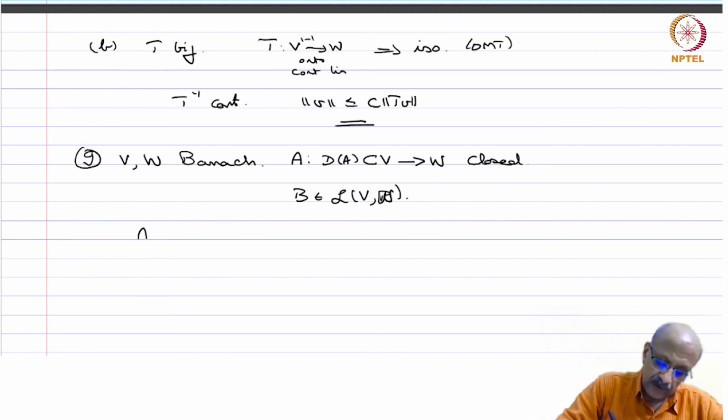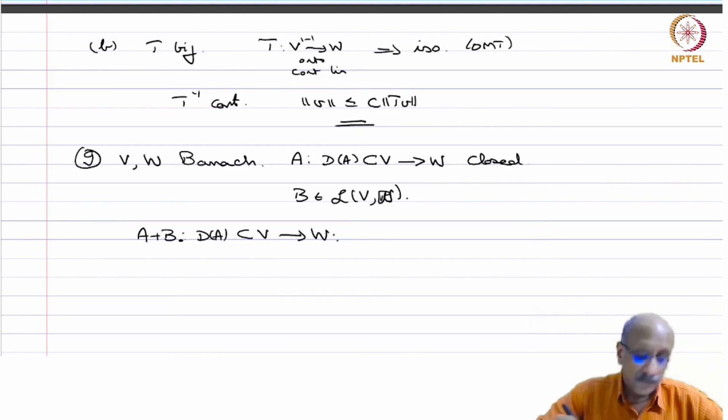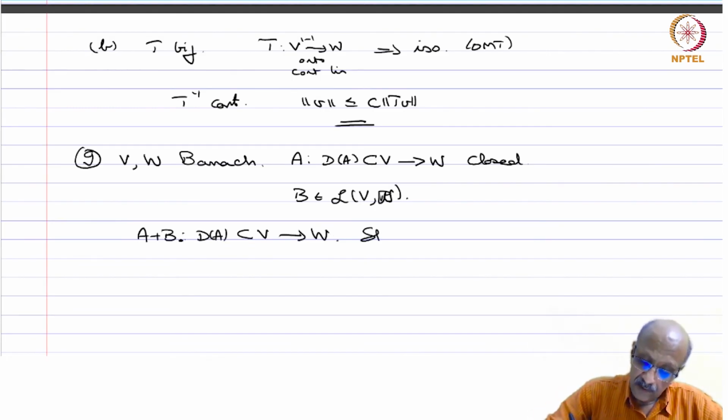Then you can define A plus B on the domain of A, because A is defined there and B is defined everywhere. So A plus B is defined here, contained in V, taking values in W. Show that A plus B is closed.